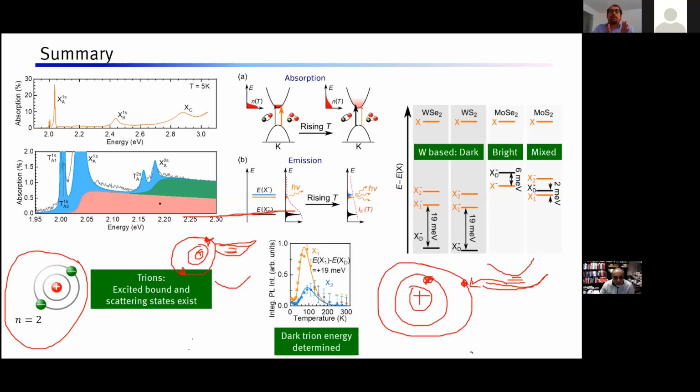However, you have to pump very hard to start seeing any luminescence from these states, because the intensity of emission from these states increases quadratically with laser power. But I think their oscillator strength in absorption is still very small, because not many of such species are available to absorb at low excitation intensities.